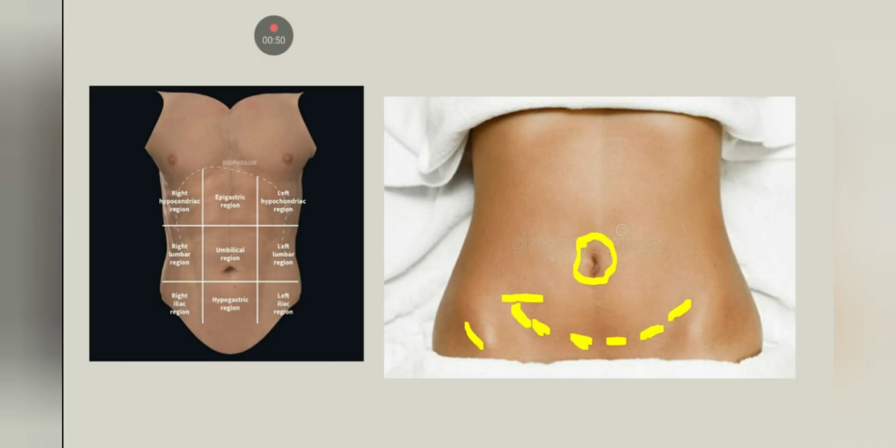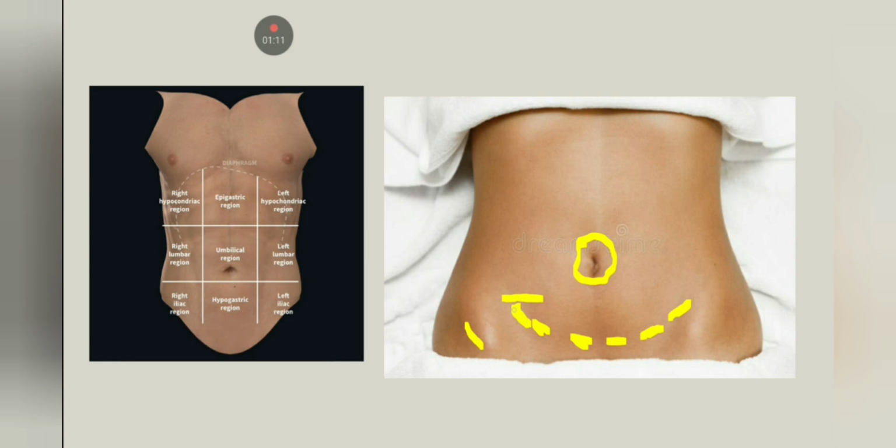For younger individuals with scaphoid abdomens, the incision is best made at the lateral edge of the line.